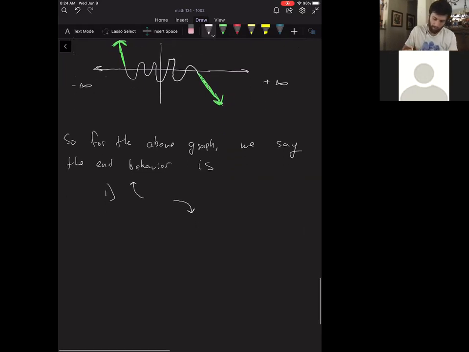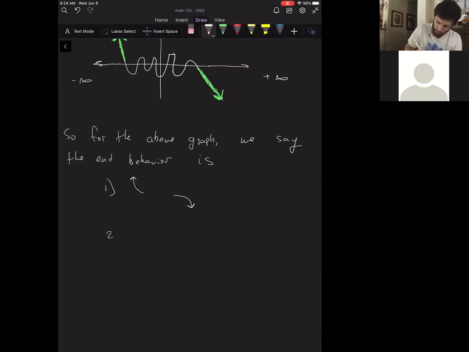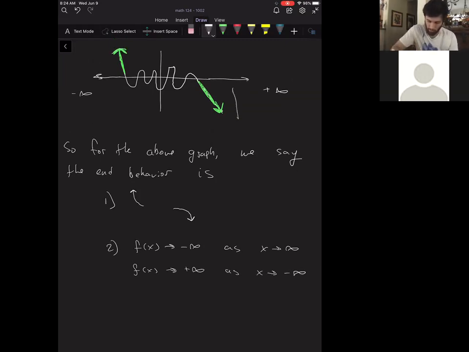Another way of writing it is f of x goes down to minus infinity as x goes to infinity, and f of x goes to positive infinity as x goes to minus infinity. So f of x goes down forever as x goes to infinity, as we move over to the infinity side.